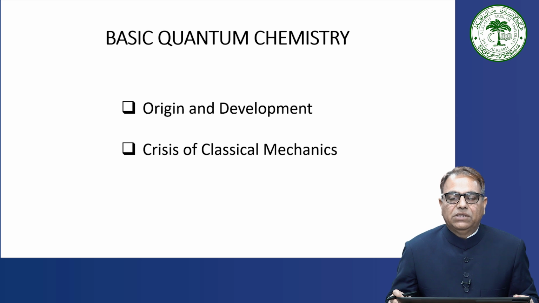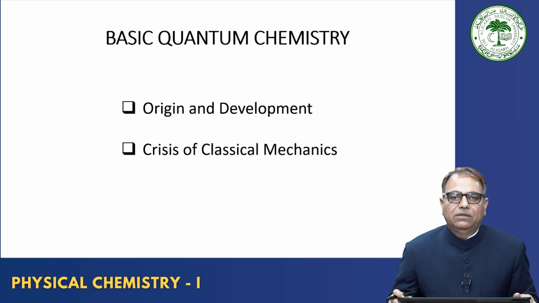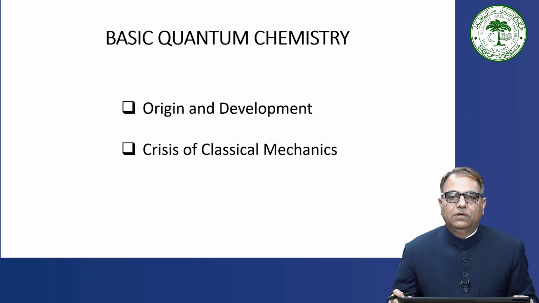According to James Clerk Maxwell, when he was presenting before the British institutions, he said that almost all physics is complete except two small patches on the horizon of physics. One was the Michelson-Morley experiment, and the other was the explanation for blackbody radiation.